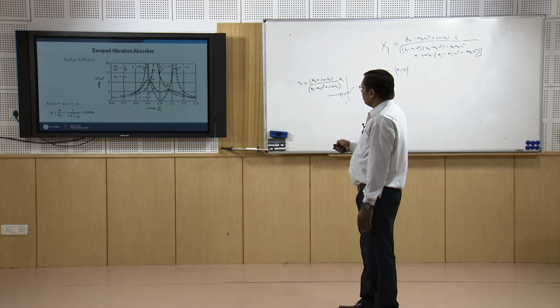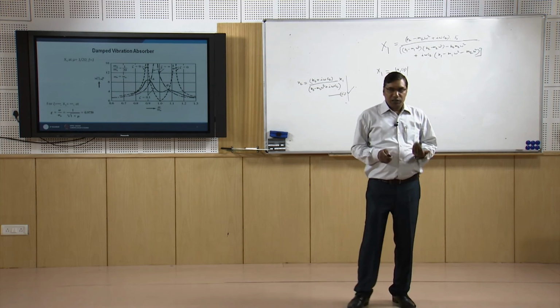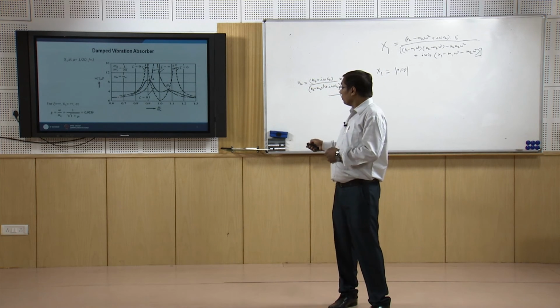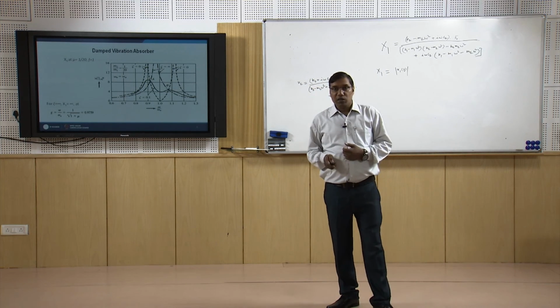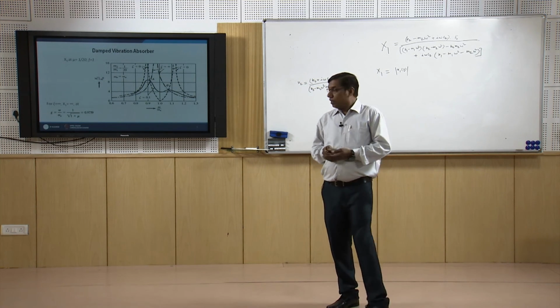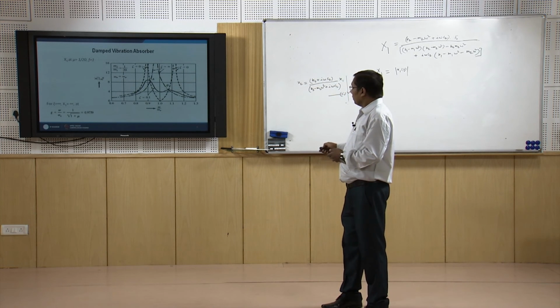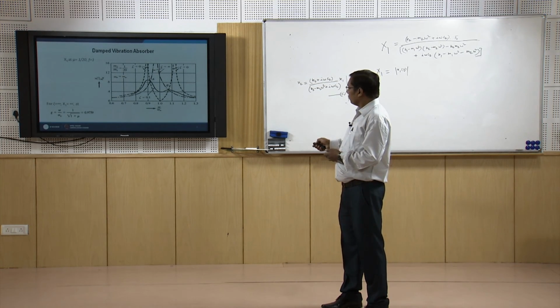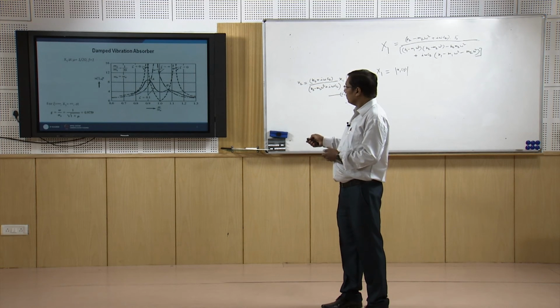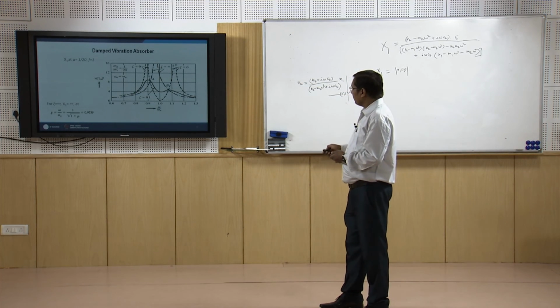Okay. So it means for zero damping the x1 is infinite, because zero damping means there is no damping in the system, and we are getting these natural resonant frequencies. And when we put the very high damping, that is zeta equal to infinite, we are getting a shift in the natural frequency, and again the x1 is very high.